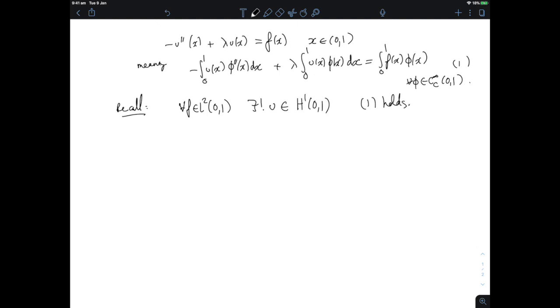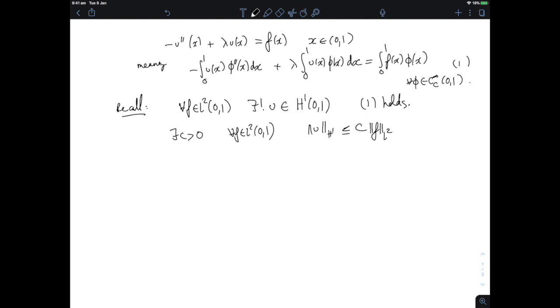And we've also seen along the way that there exists a constant c such that for every f in L2 of 0, 1, that element u of H1 is in H1 norm smaller than a multiple of the L2 norm of the inhomogeneous term f.